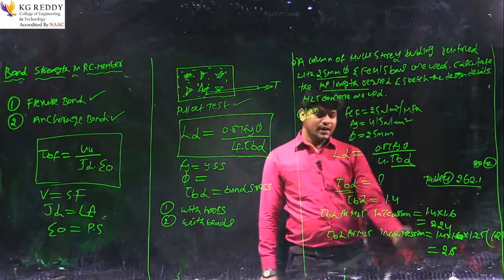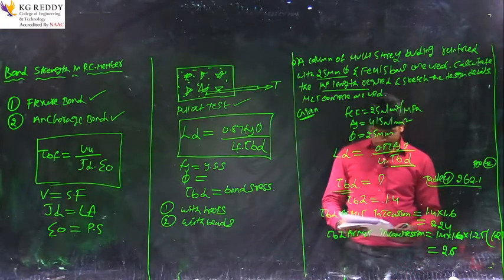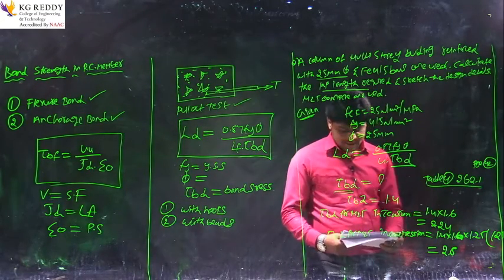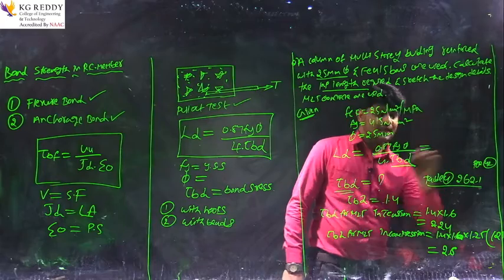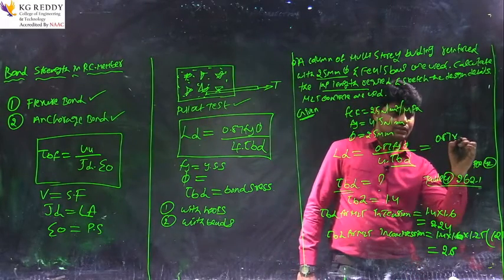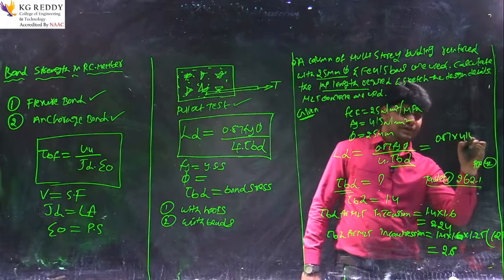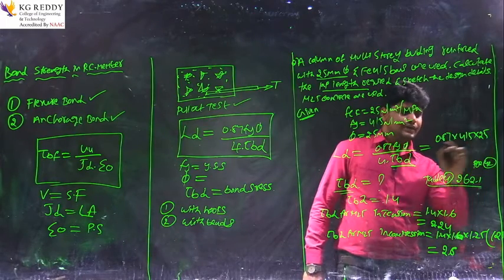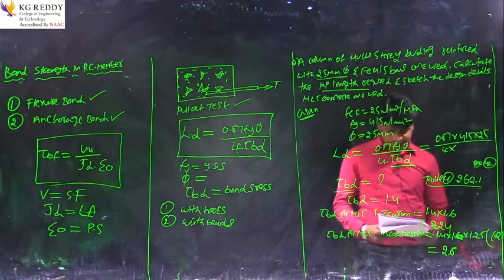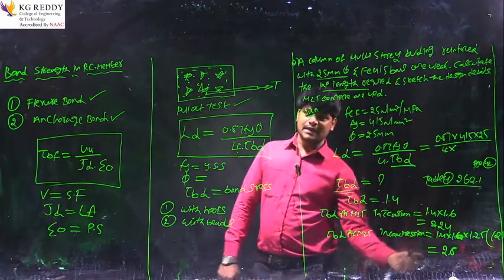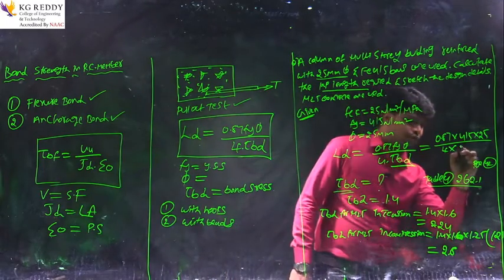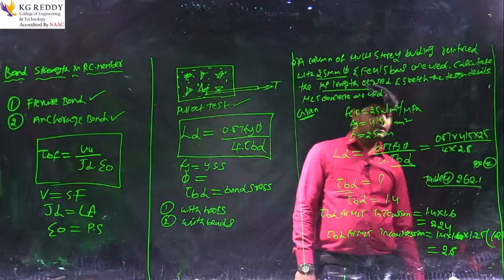Now we got the bond stress value for both tension and compression. Now we can calculate the development length: 0.87 into 415 into 25 divided by 4 into tau_bd. Which value do we consider, tension or compression? Here we are calculating for compression, so 4 into 2.8.